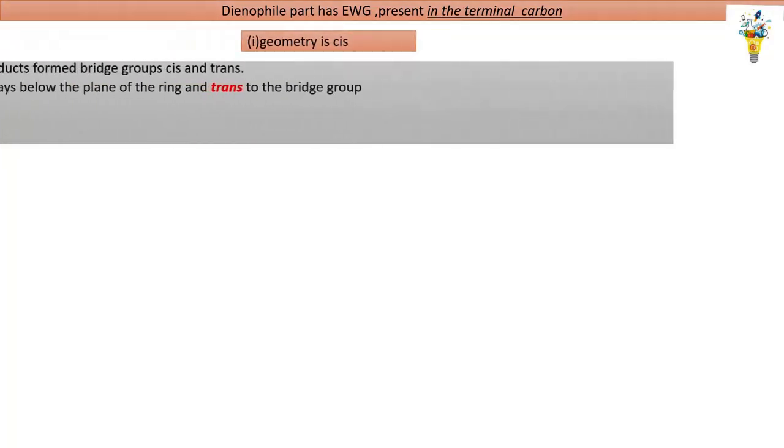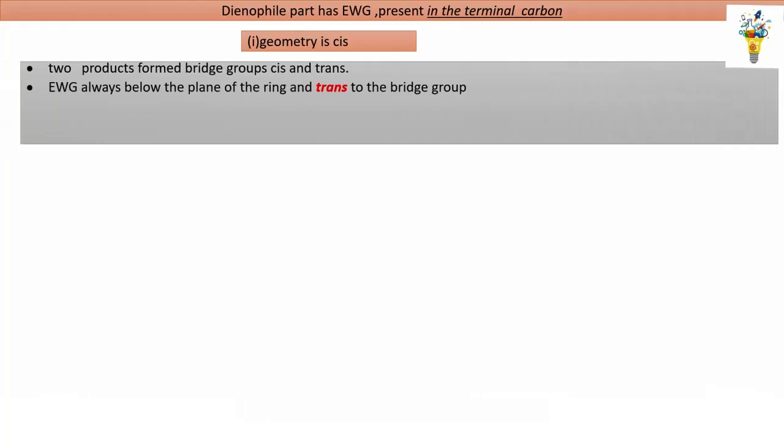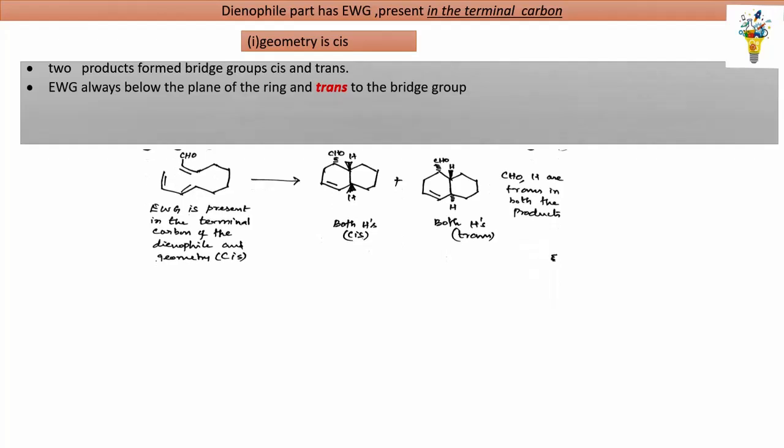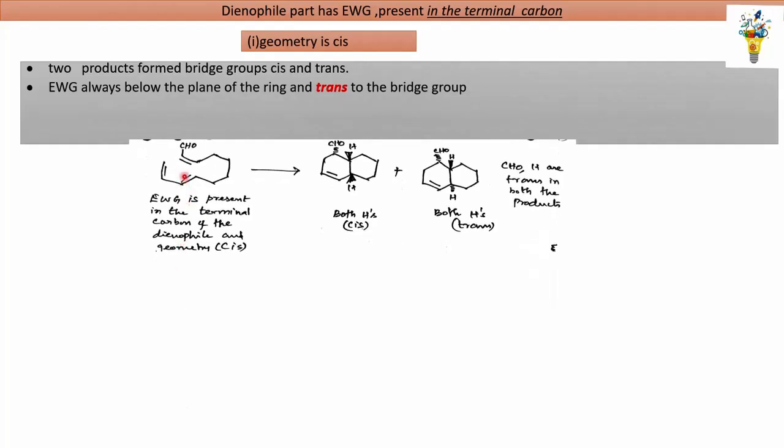When the electron withdrawing group is present in the terminal carbon, what is the stereochemistry of the bicyclic adduct? The geometry is cis. You get both the cis and trans products. See the example. Here the electron withdrawing group is present in the terminal carbon. And the products are both cis and trans.